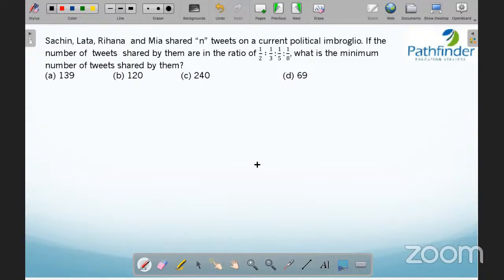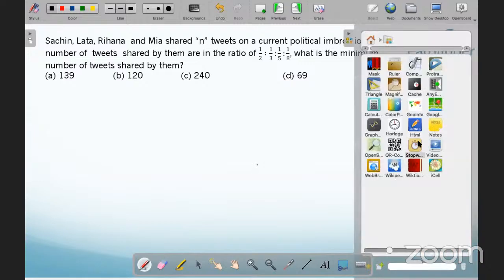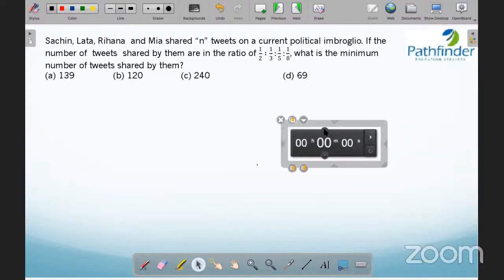Let us move to the next question. This is an interesting one. Let us see how many of you can solve this question. This question is interesting. I'll give you 2.5 minutes for this question.